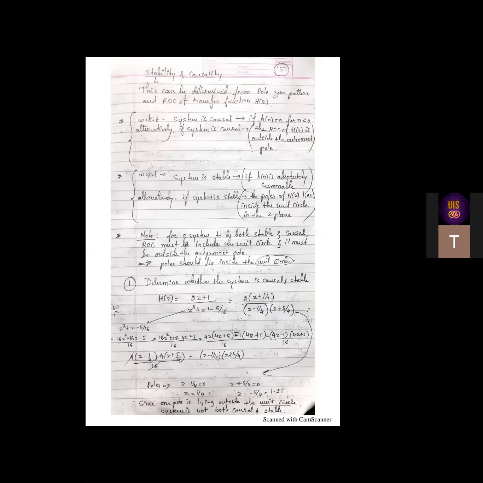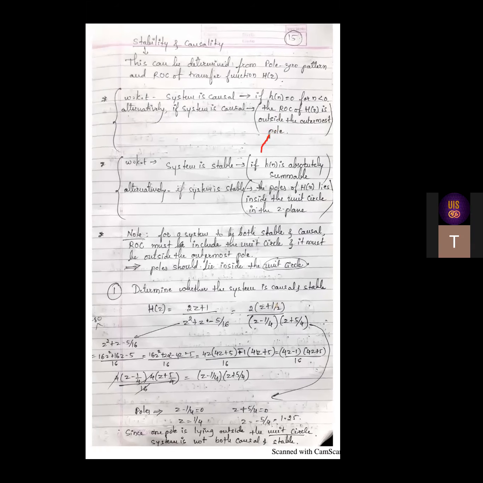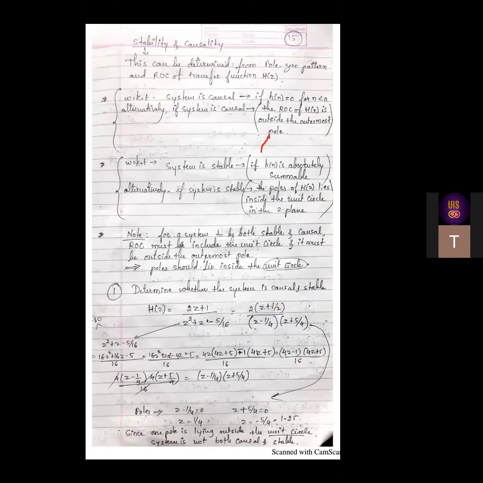So in relation to the Z transform, what are the conditions on which we will say that the system is stable and causal? Let us see. If you look at the screen, there are 3 points I have marked with a star.